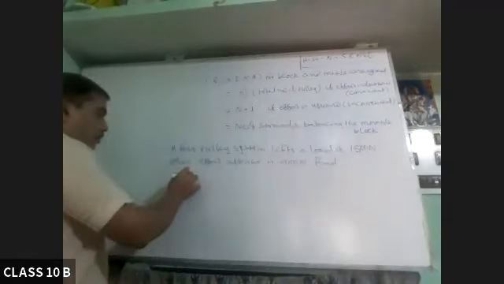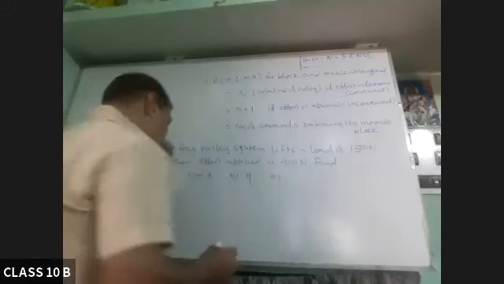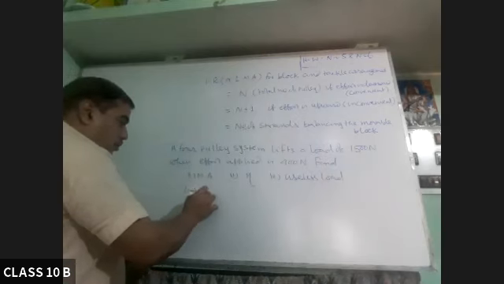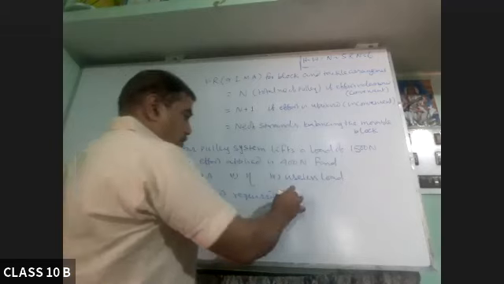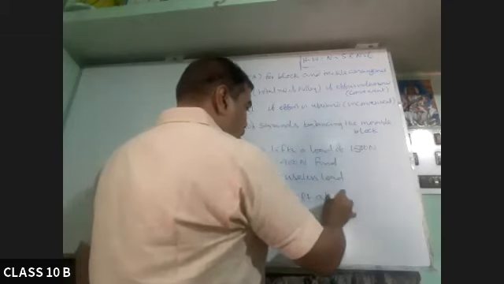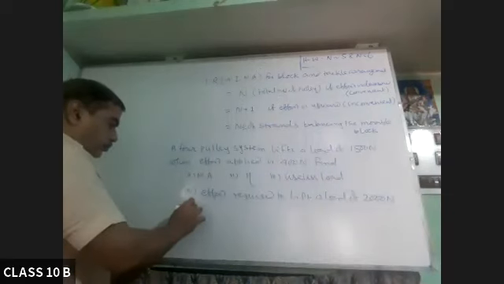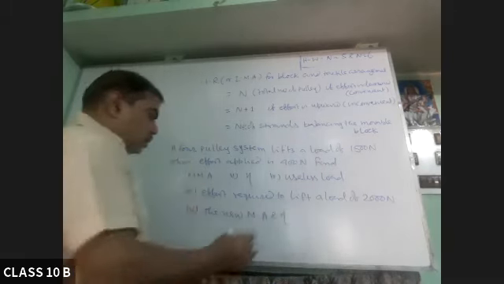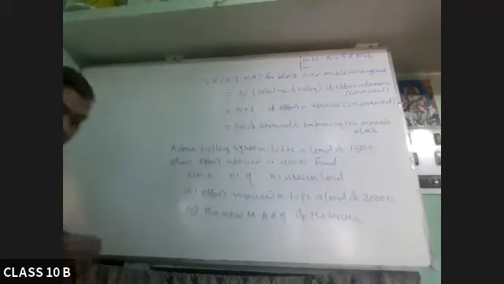Find first the MA, second the efficiency, third the useless load, then the effort required to lift a load of 2000 Newton, and the new MA and efficiency of the system. Okay, so these are the 5 questions.